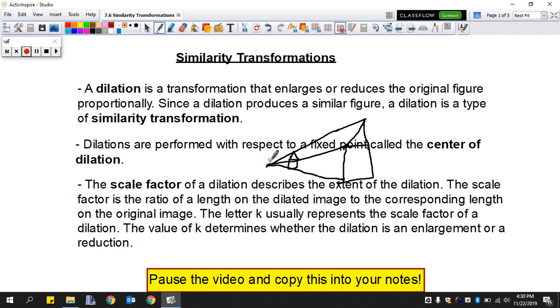The value of K determines whether the dilation is an enlargement or a reduction. Okay, so pause the video and copy this down. You do not need to copy my rough drawing down. That was just me trying to explain what a center of dilation is. So go ahead and copy all this stuff down here.